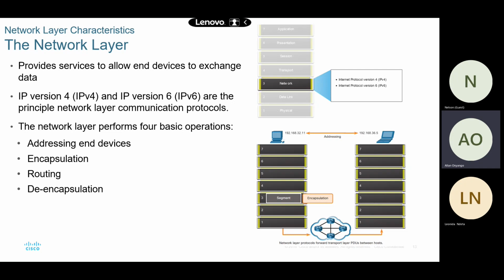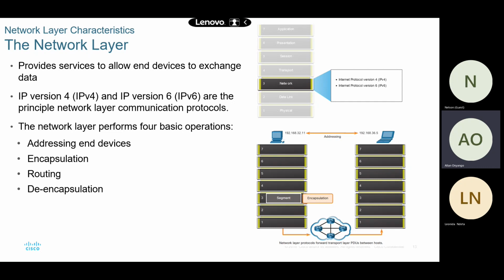Then they also perform encapsulation. This is where, of course, the segment is encapsulated to form the IP packet. All right. They perform routing, and the word routing basically means the transfer of a packet from one device to the other, or from a network to the internet.